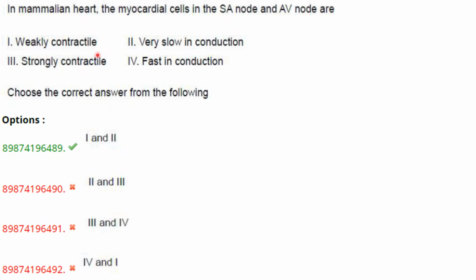So naturally they are weakly contractile. Then, they are very slow in conduction, that means the conduction velocity, the speed, is very slow. Whereas the Purkinje fibers and bundle of His all conduct electrical impulses at a faster rate. So the answer is 1 and 2.